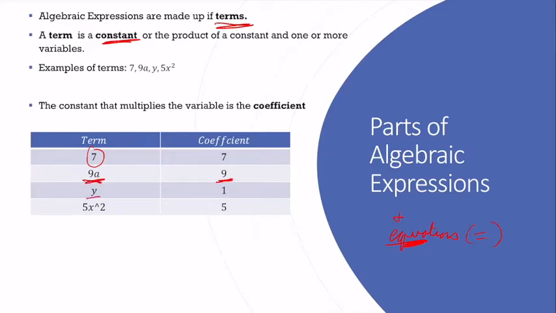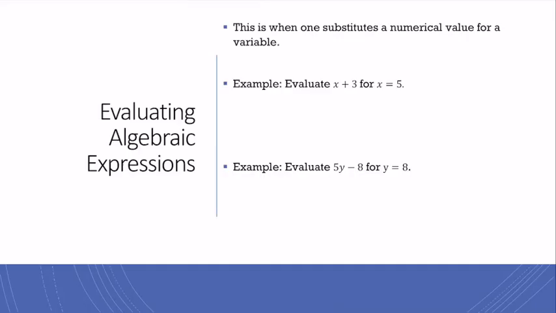If I have 9a, its coefficient is 9. If I have a single variable by itself, there's an imaginary 1 right in front of it. I like to joke that mathematicians are lazy, so we didn't want to have to go to the trouble to write that 1. Then if I have 5x squared, the leading coefficient on that is 5.